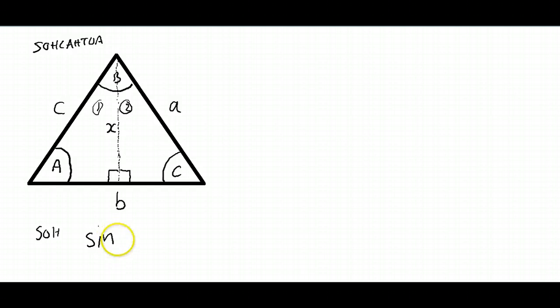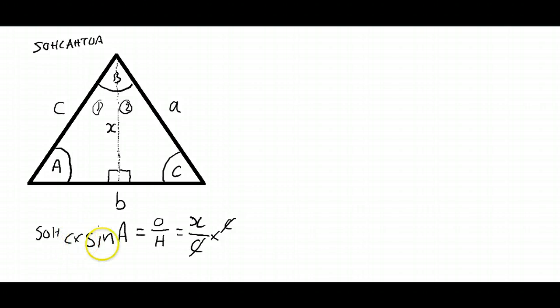So sine of angle A equals the opposite over the hypotenuse, which in this case is X over side c. So sine A equals X over c. Now we want to rearrange this equation in terms of X. To get X on its own, we multiply both sides of the equation by c, and we end up with c sine A equals X.